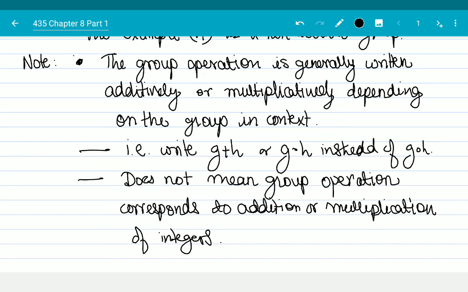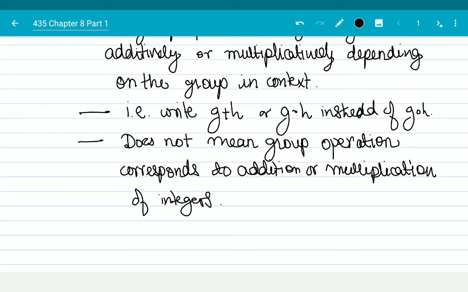Right? For example, I might refer to XOR of two strings by addition of them rather than o plus. I might just write plus. Okay, and that is not exactly addition of integers, right? It's something different, but it's a shorthand.